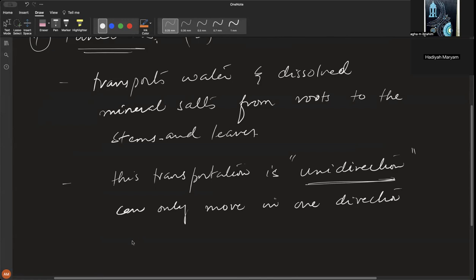That is upwards. Or you can say from root to leaf. It cannot go down. Things cannot travel down the xylem vessel. Okay? They can travel upwards or sideways. We'll discuss that inshallah. It's only one direction, this movement.